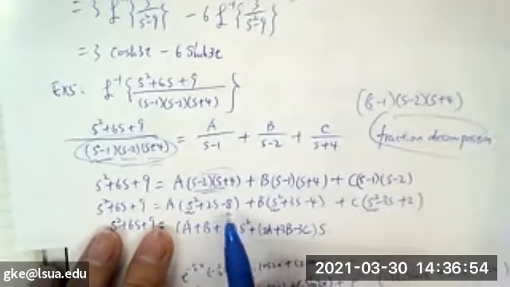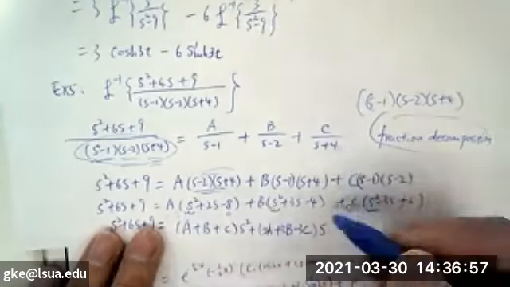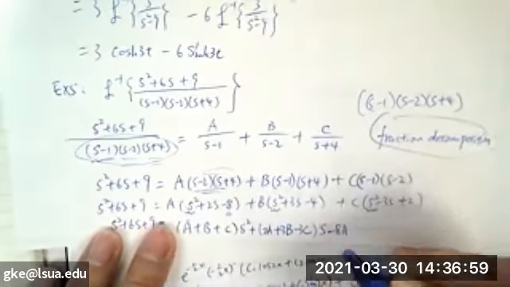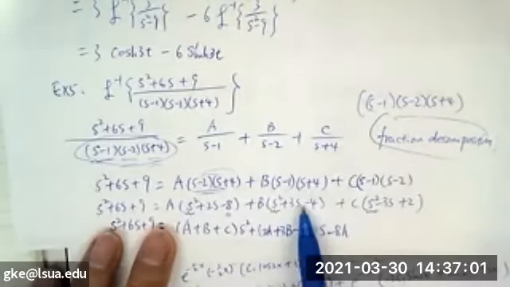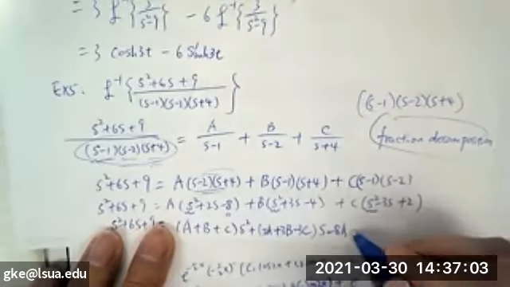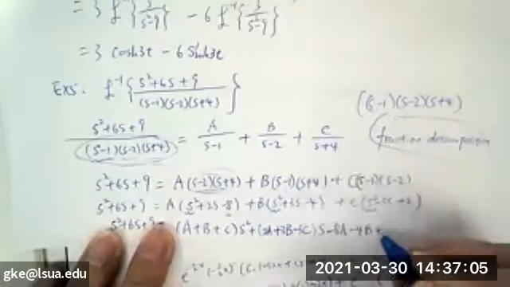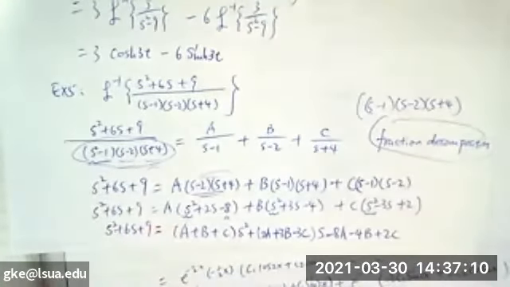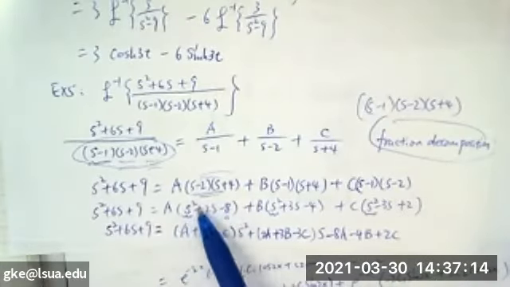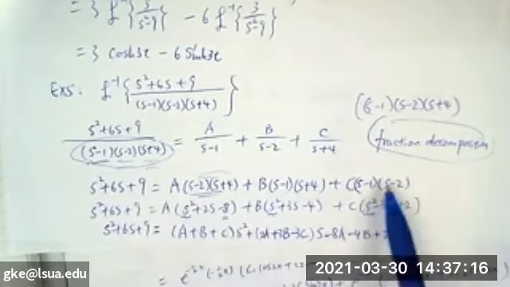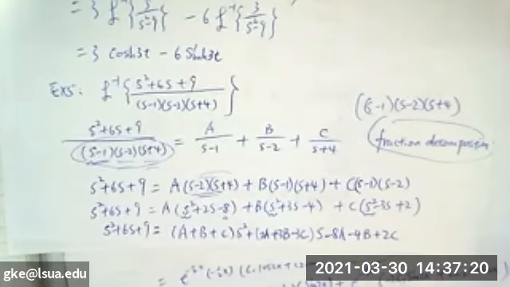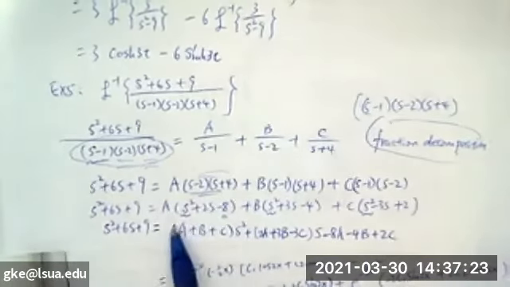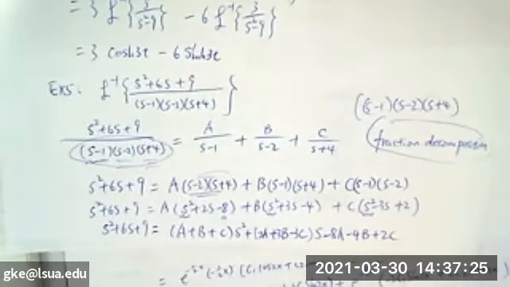So constant is -8a. Okay. Here's a -4b. And here's 2c. Okay. So we finish this guy. We combine all the terms, right? We combine the terms, s squared, s, and a constant. Okay. So that's the key part for the fraction decomposition.